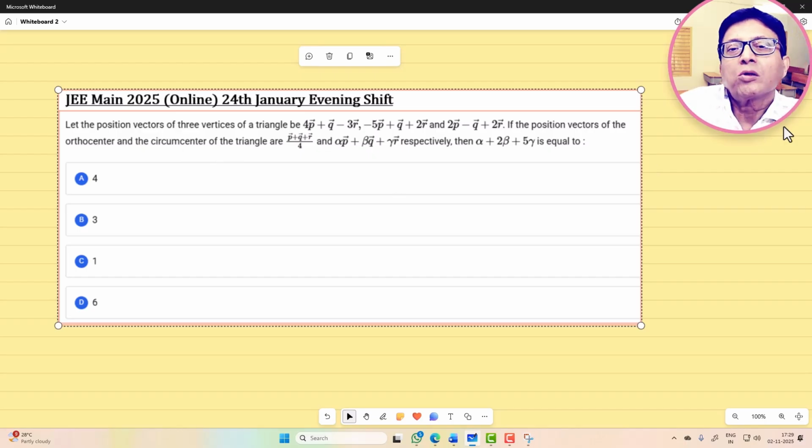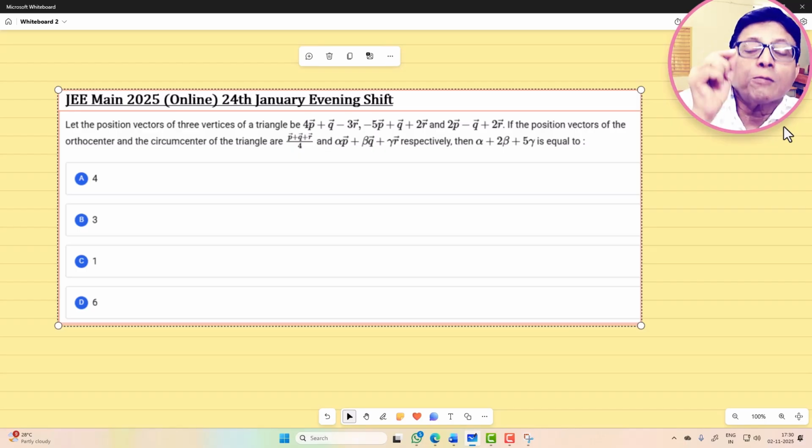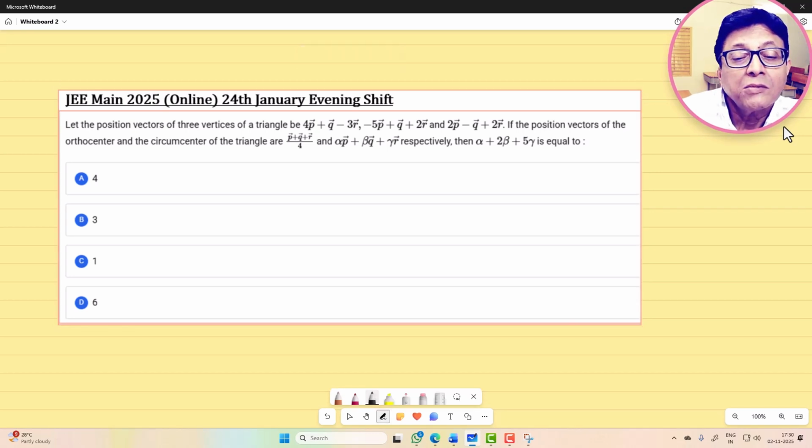See, the orthocenter, circumcenter and 3 vertices are given, but the centroid is not stated here. But the concept of centroid plays a very important role over there. What is that? The concept I have discussed in today's session only.